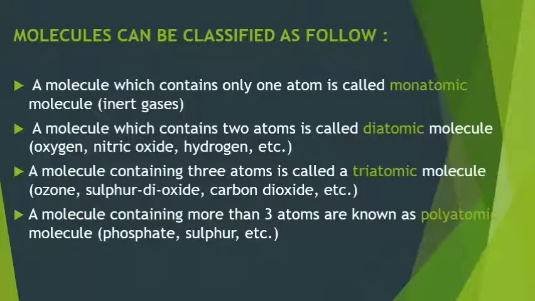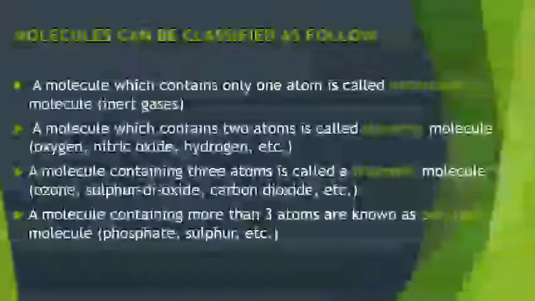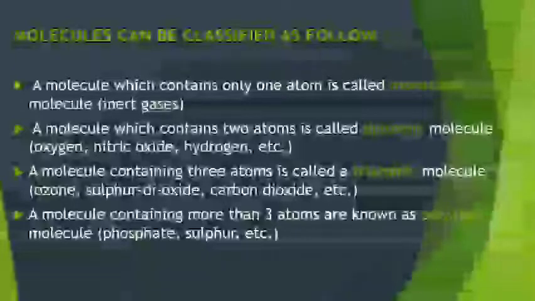So what is counted is the atoms. We know that a molecule is made from atoms. So with the count of atoms, we are classifying the molecules into monoatomic, diatomic, triatomic and polyatomic.